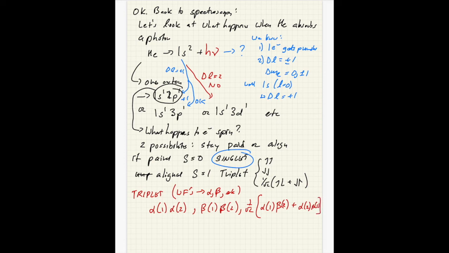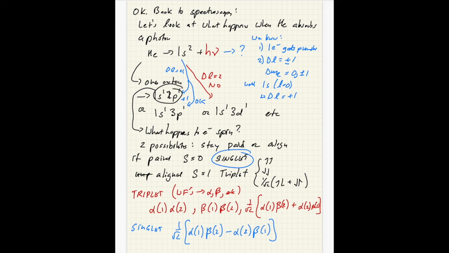That's both spin up, let's say. Then the other case is beta 1, beta 2, and that's where the electrons are both spin down. Then you have that so-called funky quantum mechanical combination where you're adding the two different combinations together, and then of course you have the 1 over root 2 normalization constant, versus the singlet state where you're subtracting those two combinations.